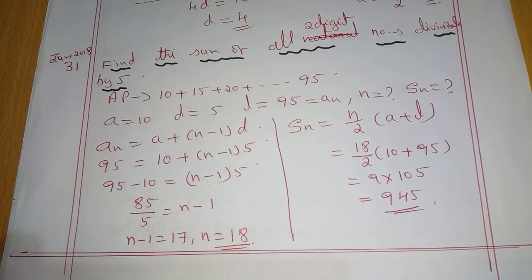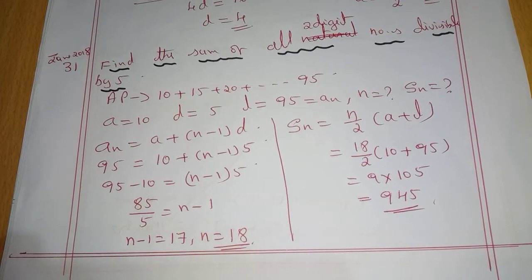June 2018 paper. Find the sum of all two-digit numbers divisible by 5.